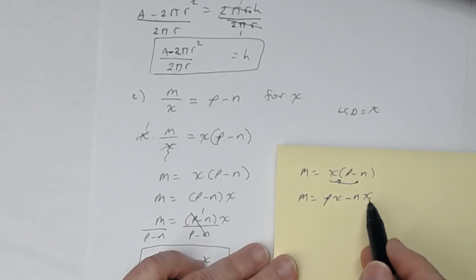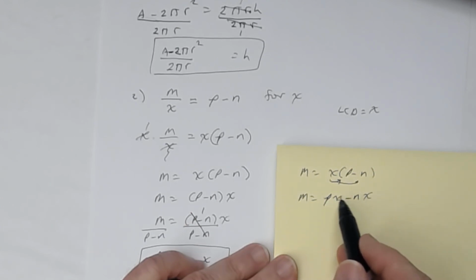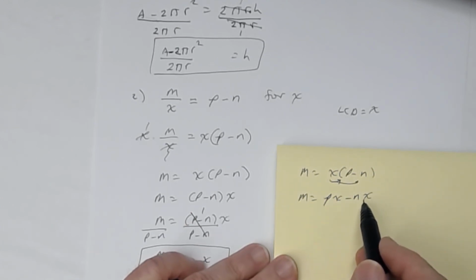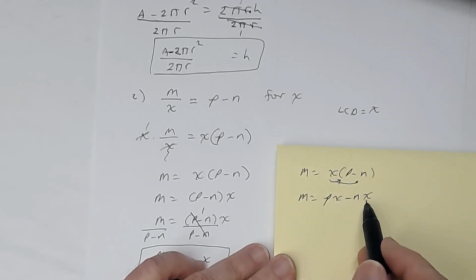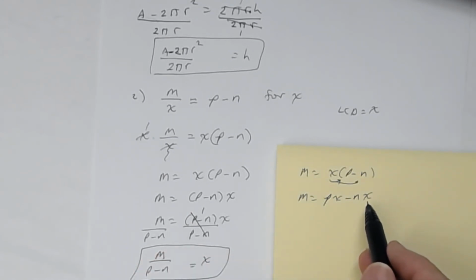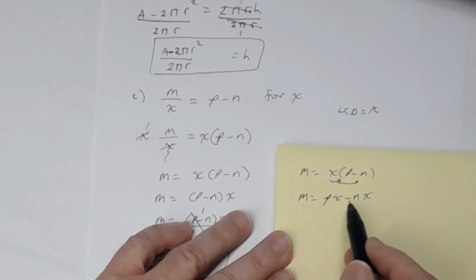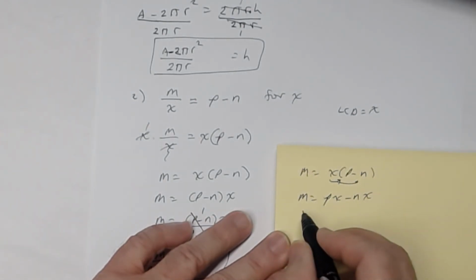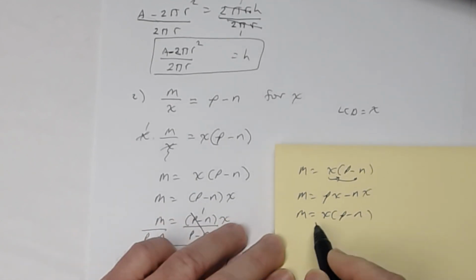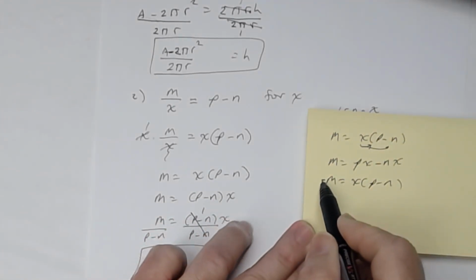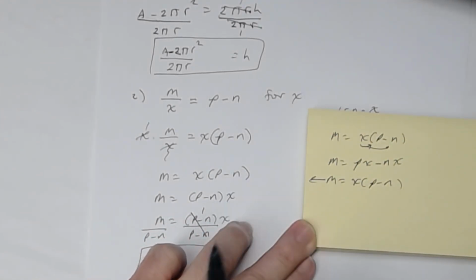If I look at those two terms, both of them contain x. So the greatest common factor, remember when you dealt with factoring, the greatest common factor of these two terms is x. So I have to factor out an x. So m equals x times p minus n, and you're back to where you were earlier.